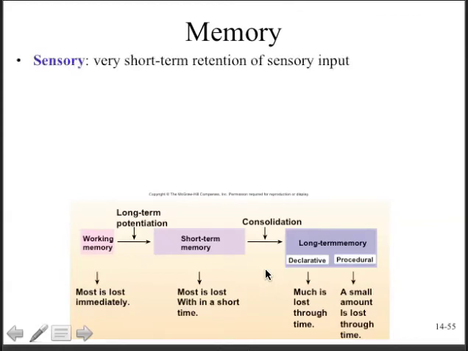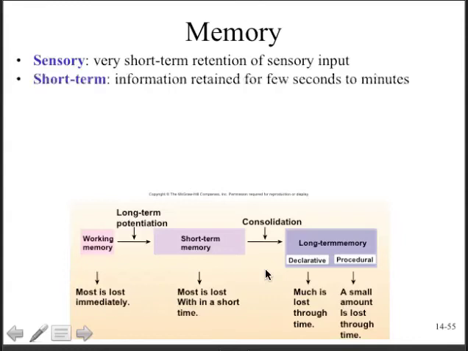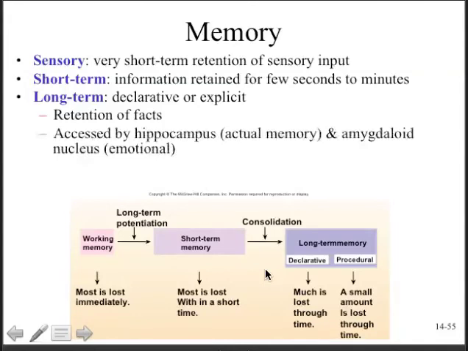Now, memory is an interesting phenomenon. Memory is the translation from experience to learning to storing that learned experience in the brain in a way that it can be drawn on at a later point. Sensory information is very short-term retention of sensory input, while short-term memory is information that's retained for a few seconds to a few minutes, and long-term memory is declarative or explicit and allows us to retain facts.